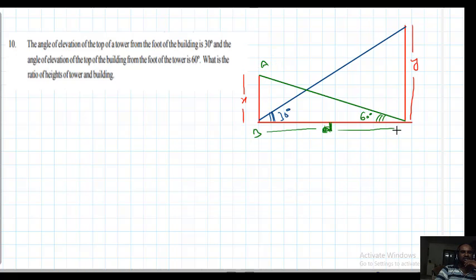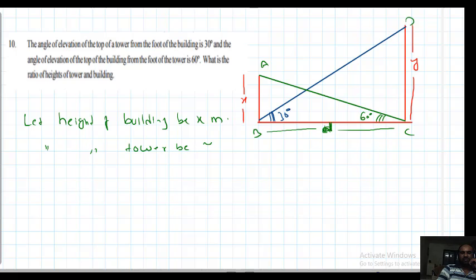Let the height of the building be x meters, the tower be y meters, and the distance between the building and tower be d meters.